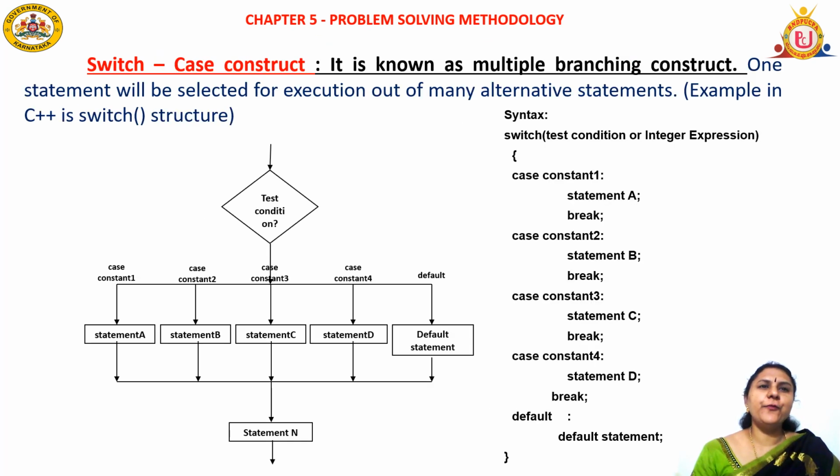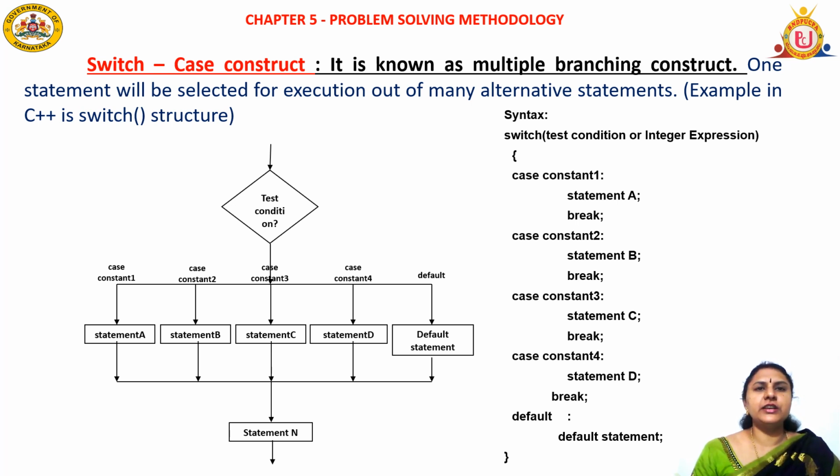The next, fourth construct is the switch case construct. It is also known as multiple branching construct. One statement will be selected for execution out of many alternative statements. It is also known as multiple alternative construct. So here the flowchart pattern will be displayed.